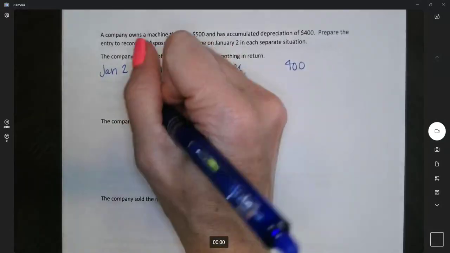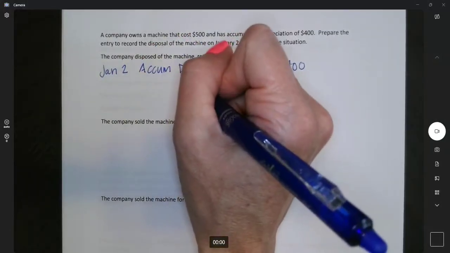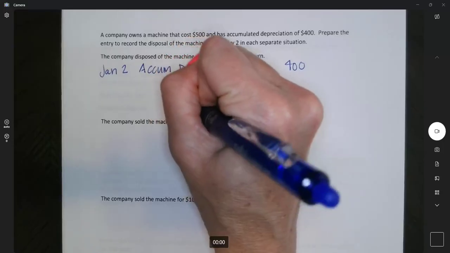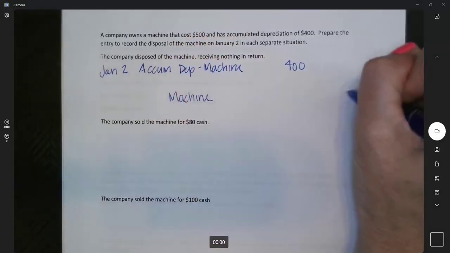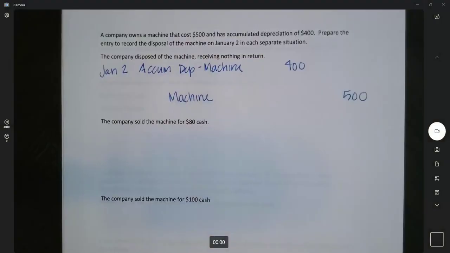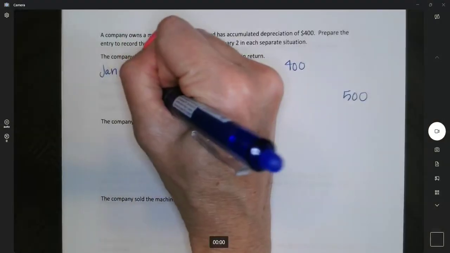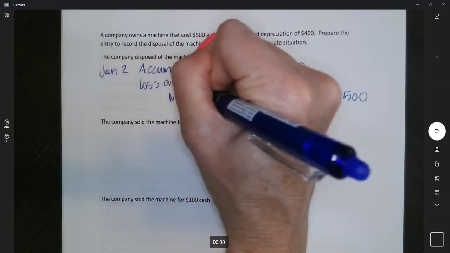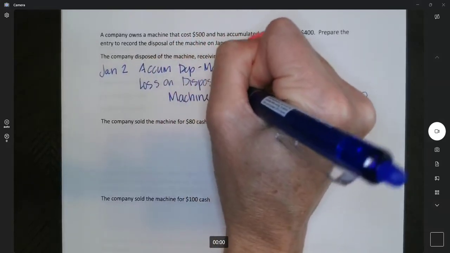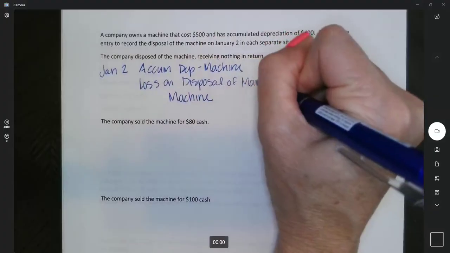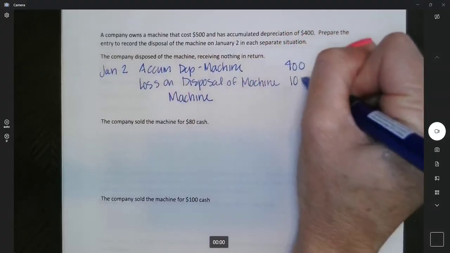We're also going to leave a space for our gain or loss. We're going to credit the machine, 500. And then we're going to note that we have a debit that we need to balance out. That's going to be a loss of 100.